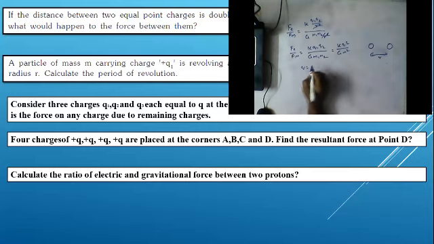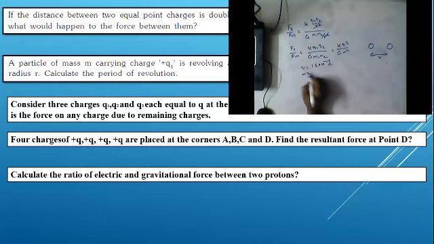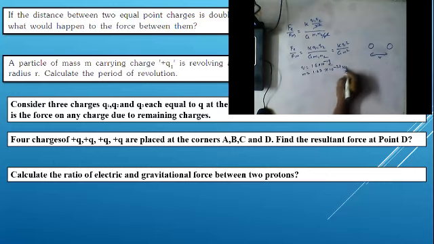Q is equal to 1.6 into 10 power minus 19 coulombs, and M is equal to 1.67 into 10 power minus 27 kg.